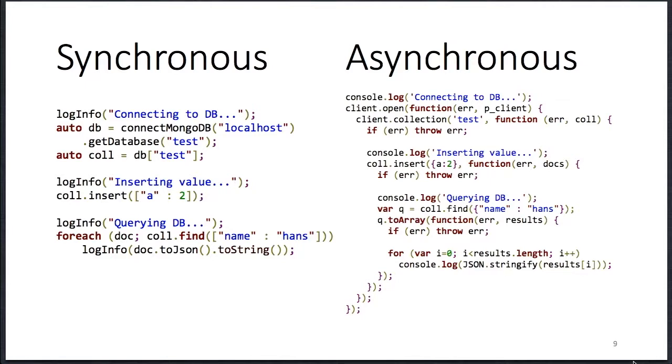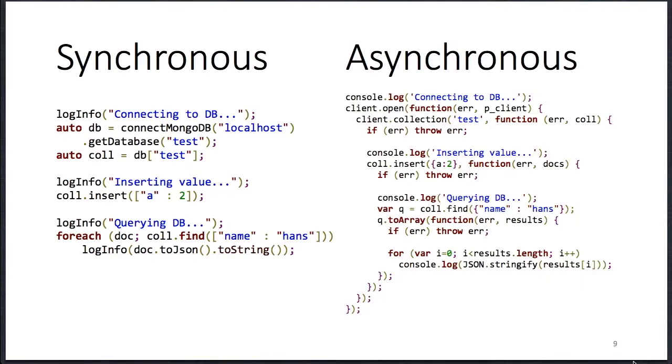What really happens is that Vibe registers an event handler for when the connection is established, and it suspends the current fiber. It then continues the event loop and wakes up any other fibers which have pending events, so it just idles. And when the event loop notifies that a connection has been established, it resumes this fiber and execution continues.